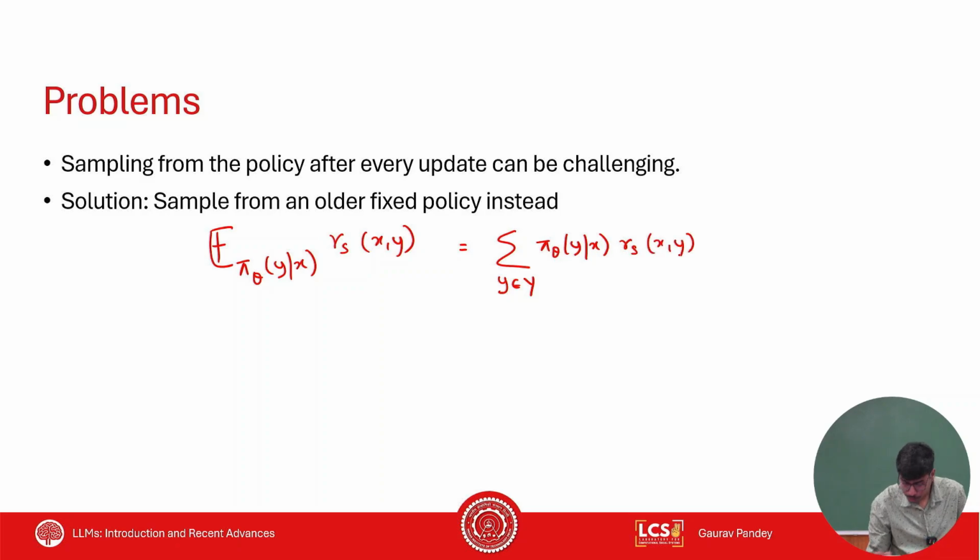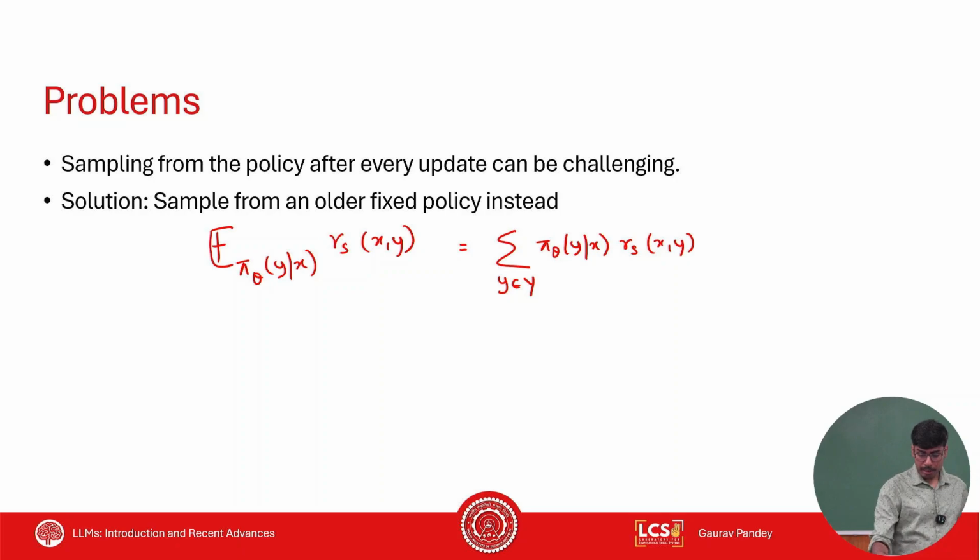Now what I want is an expectation with respect to a different policy, the policy of a previous time step. So how do I get an expectation under a different policy?